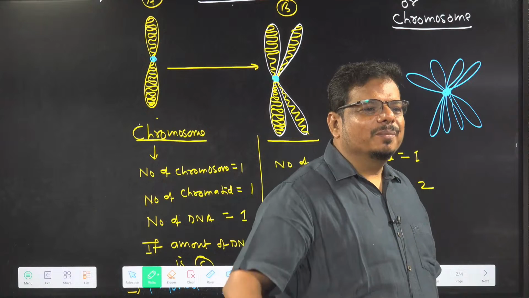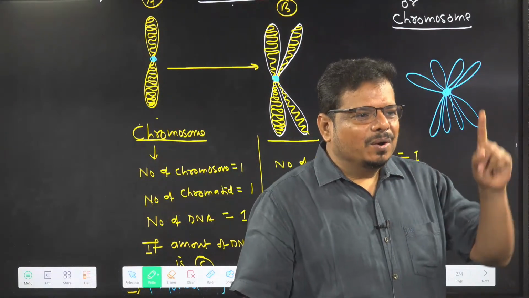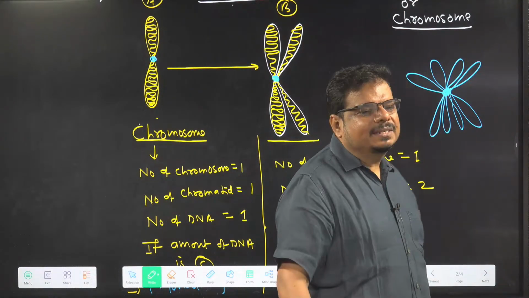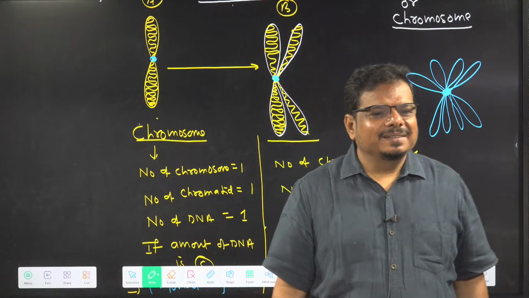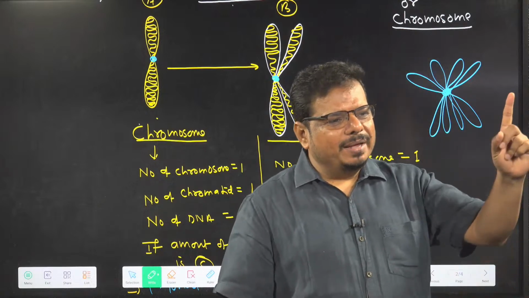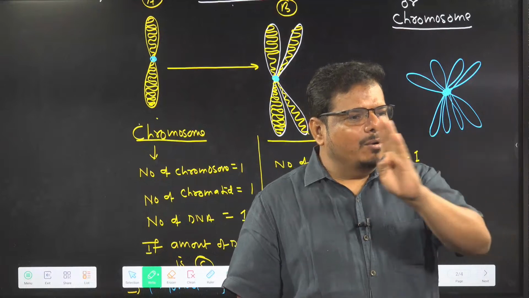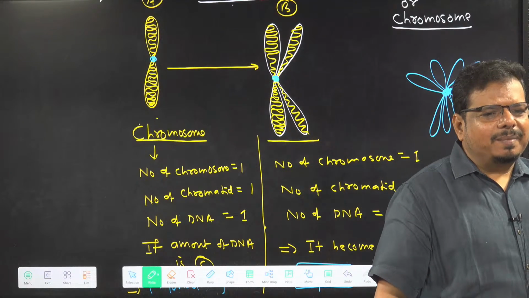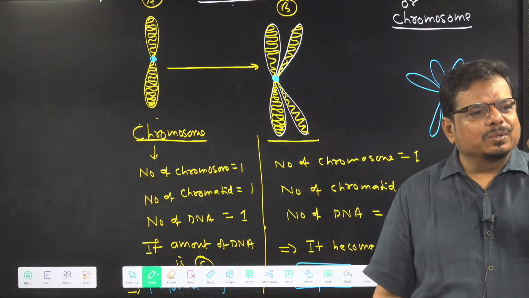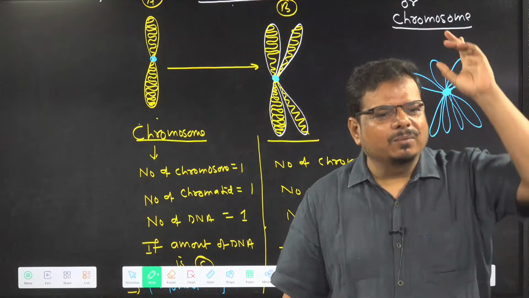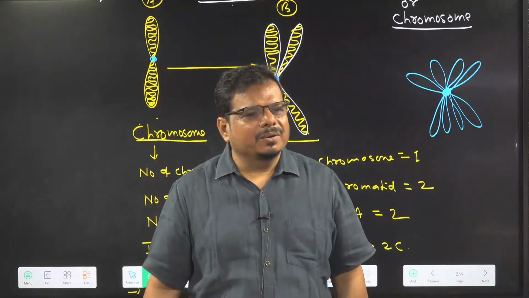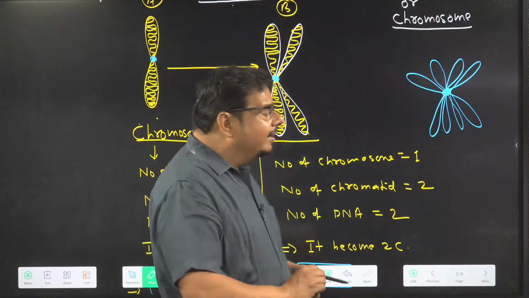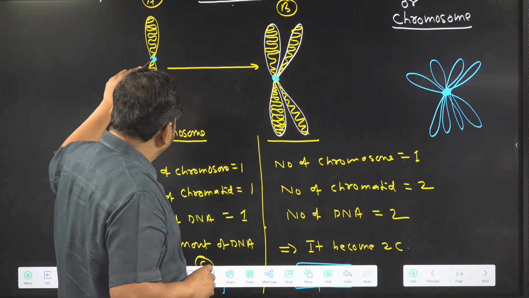Because how many centromere did I make? All chromatids join with a common centromere. So if centromere is 1, how many chromatids there are doesn't matter. Number of chromosome will be how many only? 1 only. Did the picture come in the mind or not? So here it is a chromosome with a single chromatid.